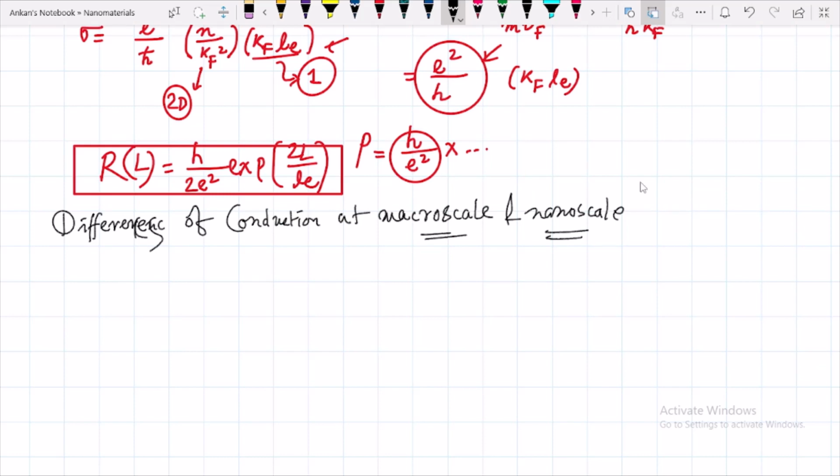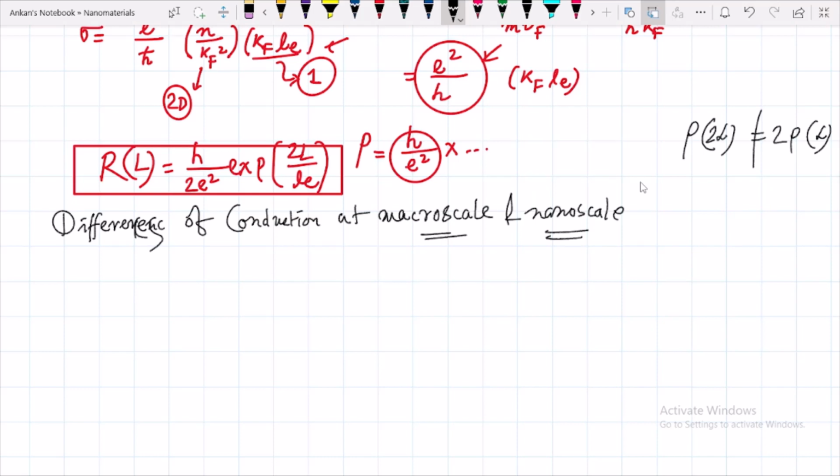If the length of the material is increased by 2 times, then for a macroscopic object the resistance doubles, but for a nanoscale object this will not be equal. So the additive law is not followed here, because it involves an exponential term.